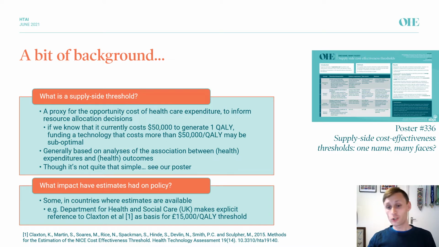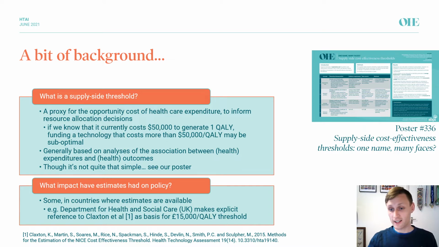Then, if a new technology creates extra units of health at a higher cost than this, then in principle, if we have a fixed budget, its adoption would have an overall negative impact on population health. This is because it would displace something more cost effective. So that's why we have the idea of a threshold.